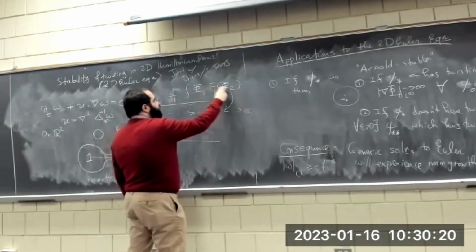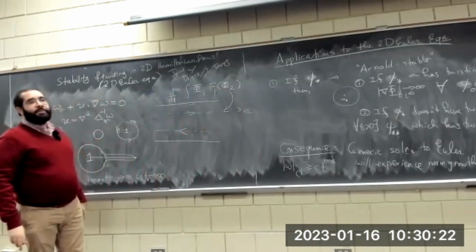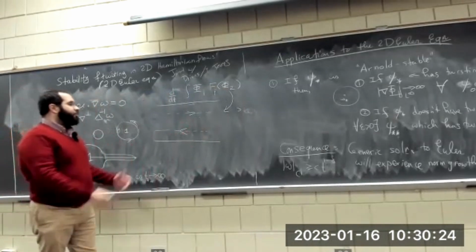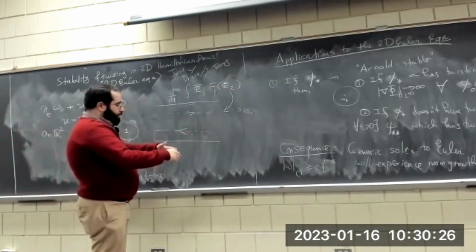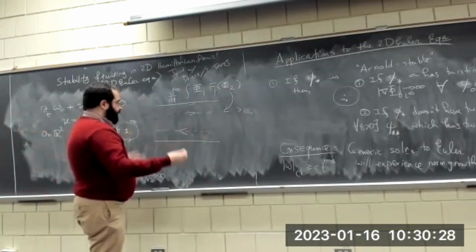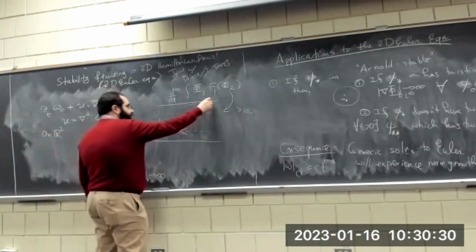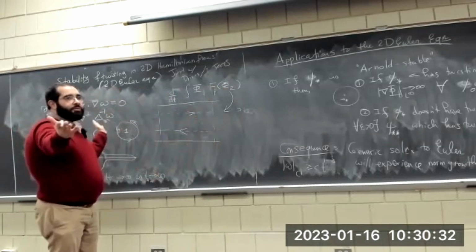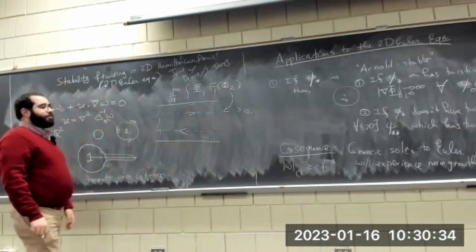These are the components of the flow map. You don't view it on the domain, you view it on the unfolded domain, so you make it periodic.